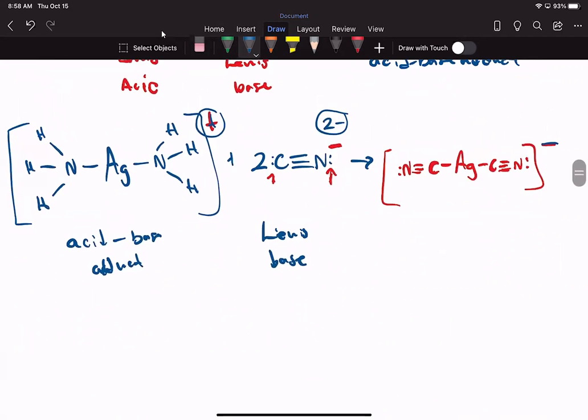Before that goes away, we can still see that again. The other thing that we have to decide here is how do I know not to bond the nitrogen as opposed to the carbon? How do I know that the carbon is going to bond to the silver? And this is when we look at formal charge. You guys remember formal charge?